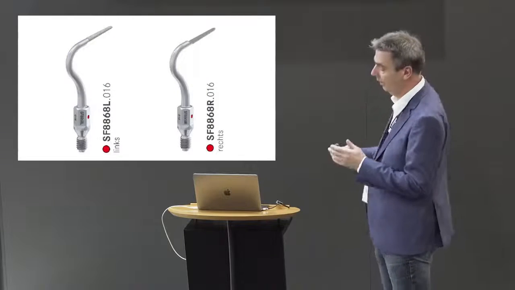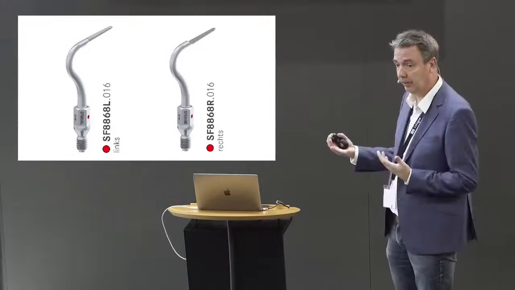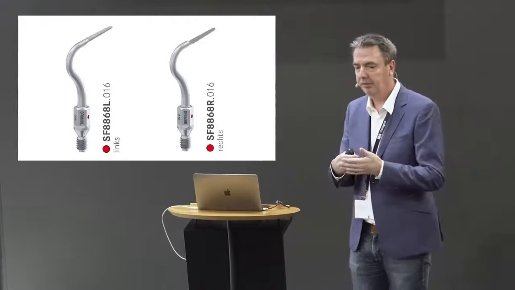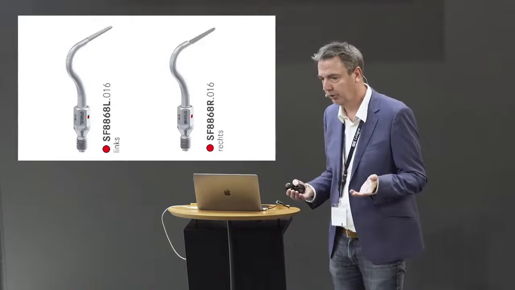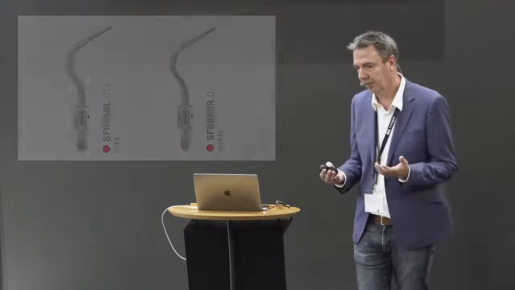And then finally, to create the perfect finish line, I love to use the sonic instruments, because if it's a nice preparation, but the finish line is not perfect, it's extremely difficult for the lab technician. We do sometimes veneers with the thickness of less than 1/10 of a millimeter. Sometimes it's 0.05.